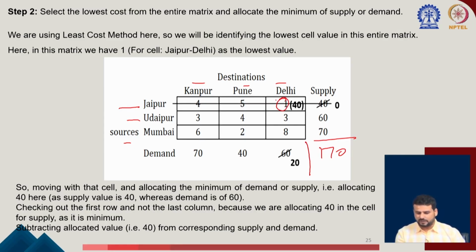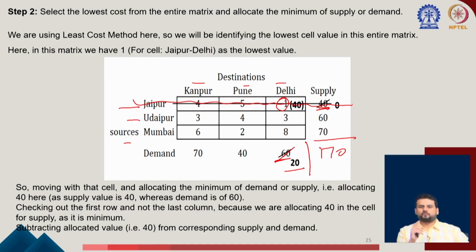How many maximum units can I allocate? 40 is supply, 60 is demand, so I can allocate a maximum of 40. If I allocate 40, 20 will be left here, and the supply from Jaipur is fully exhausted.